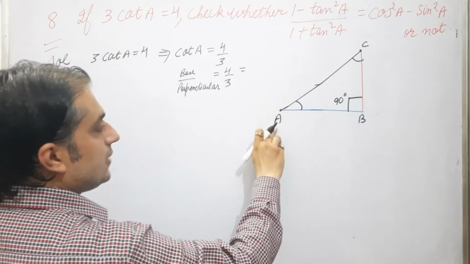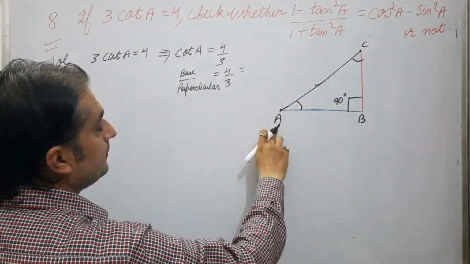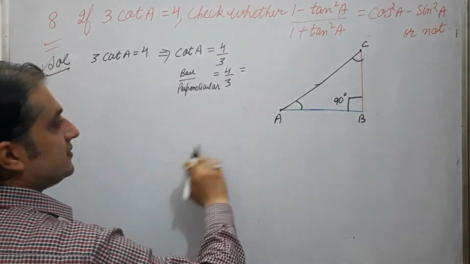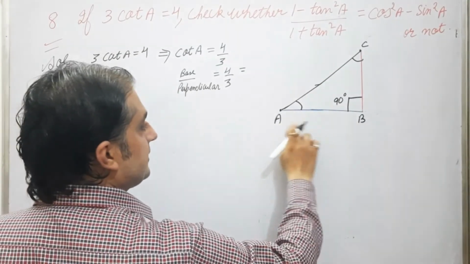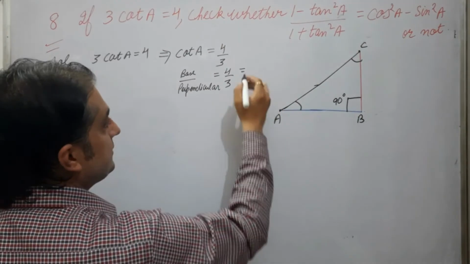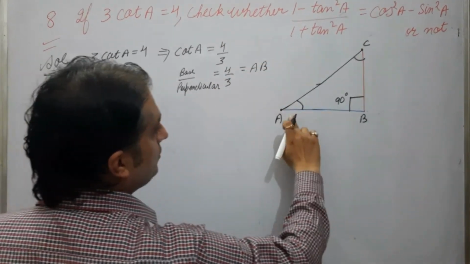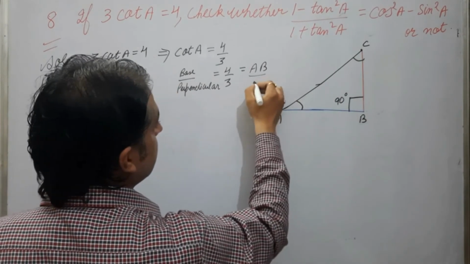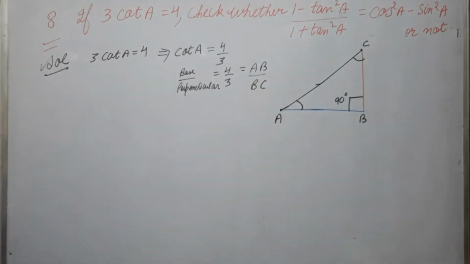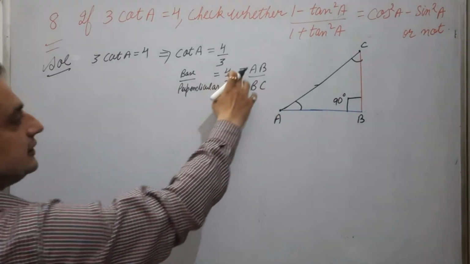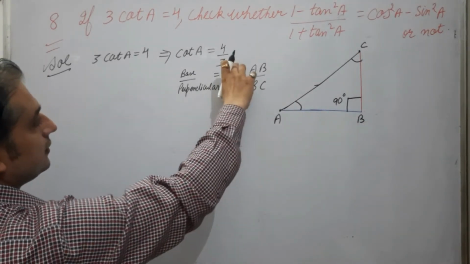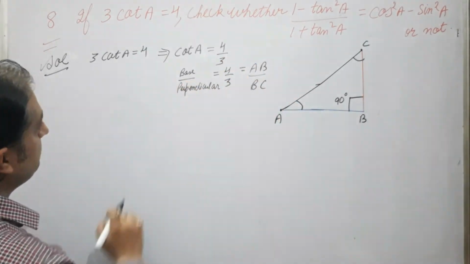So base is what? The side adjacent to the angle, that's AB. And perpendicular is the side opposite to the angle, that is BC. Right. So this is the ratio of the lengths of the sides of the triangle, one is base and one is perpendicular.